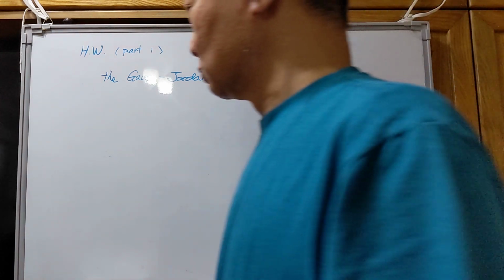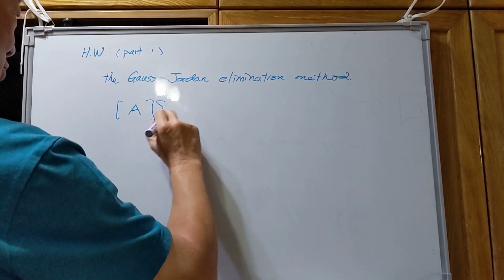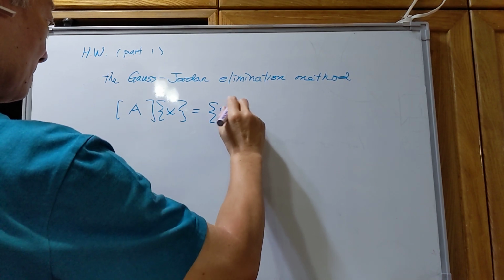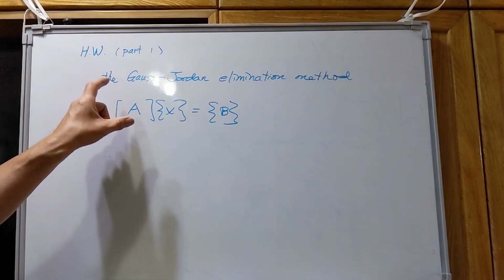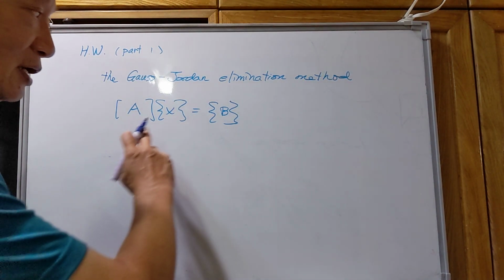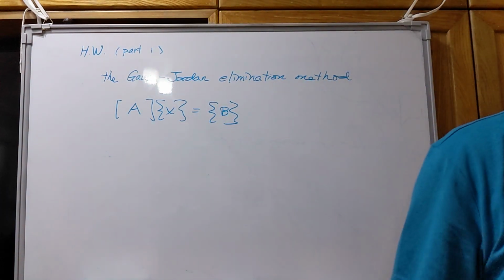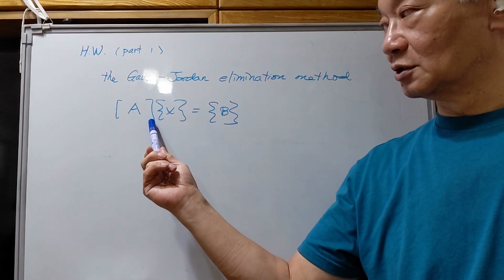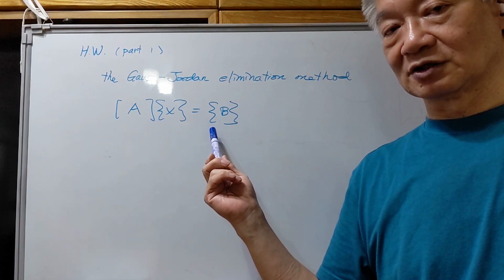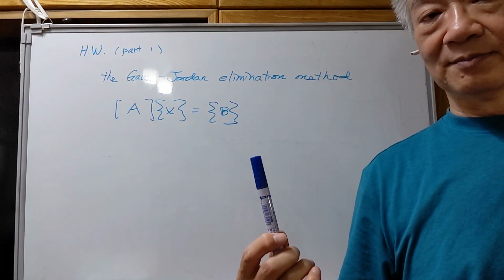For the Gaussian elimination method, if we like to solve simultaneous equations, we have the coefficient matrix A and the right-hand side vector B. Usually the coefficient matrix A and the right-hand side vector B are both known.